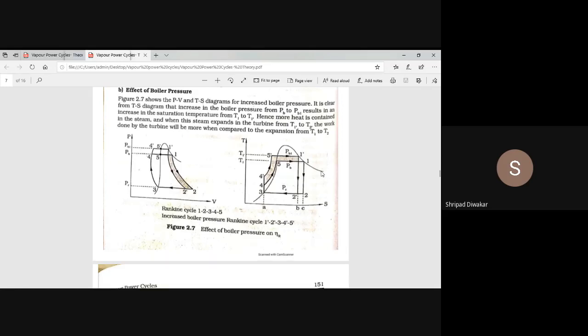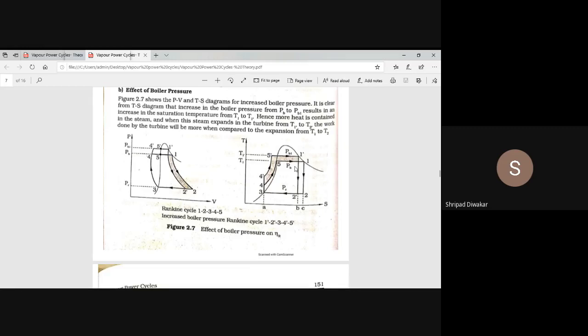Okay, next, as I said, you have to draw the normal Rankine cycle 1 2 3 4 5 1. First, always draw the normal Rankine cycle. Then you have to increase the boiler pressure, which means you have to take some distance above the normal curve.